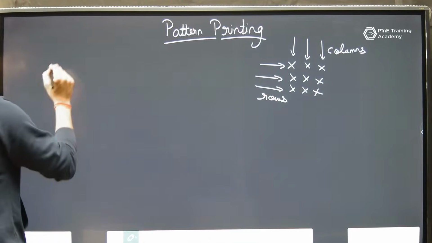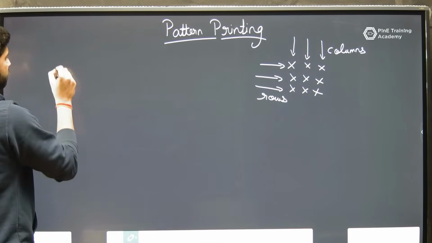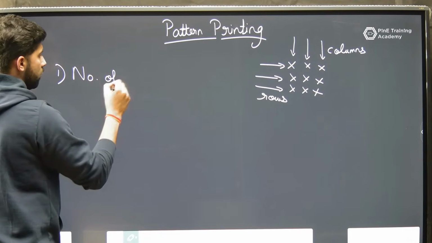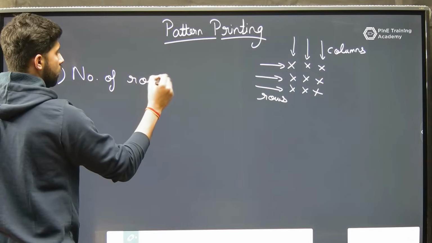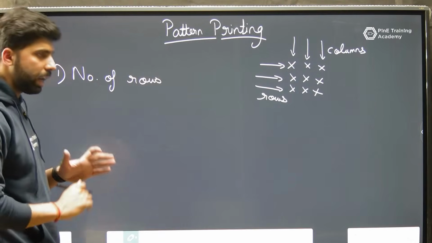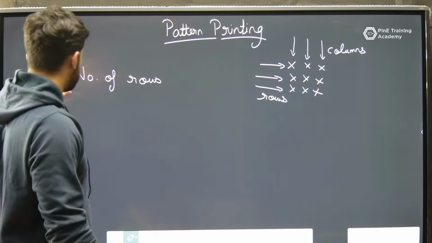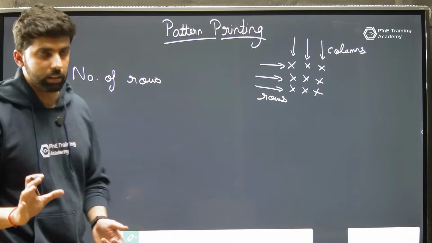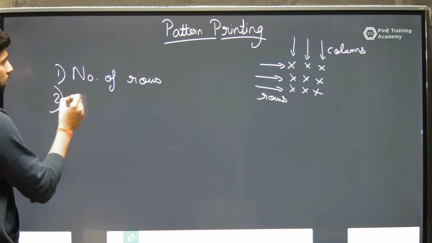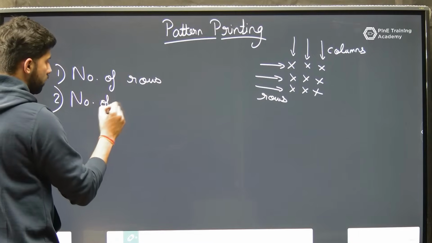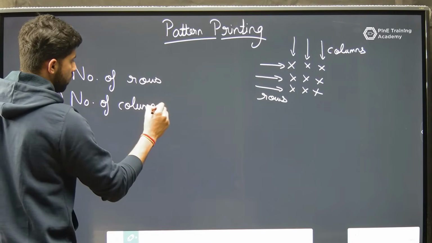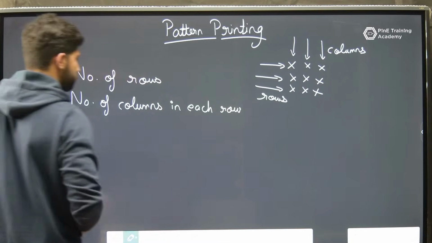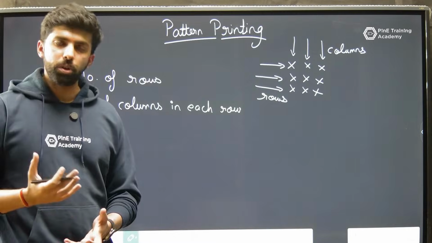Okay, when we approach these kinds of questions, we first figure out the number of rows. Any pattern you get, you will first figure out the number of rows, and the steps I am telling you will work for any kind of pattern. Next, you will figure out the number of columns in each row.